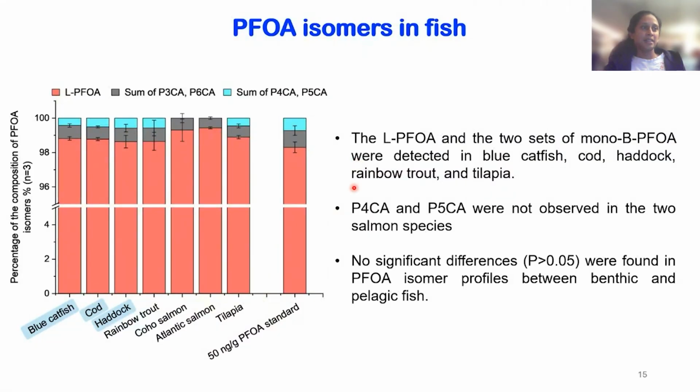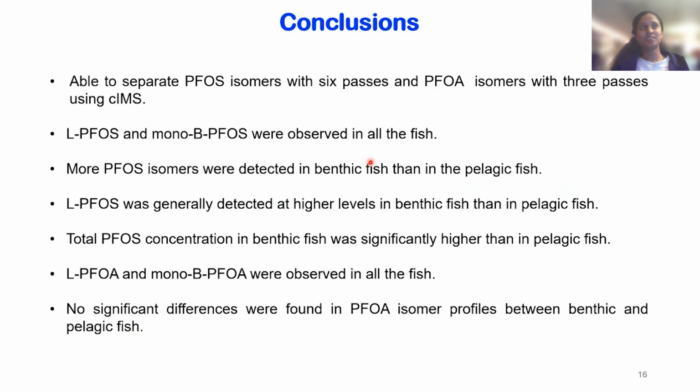So for the first time we were able to publish a paper with all the in-depth analysis of each individual isomer from legacy PFAS, which is PFOA and PFOS, and it is already published.